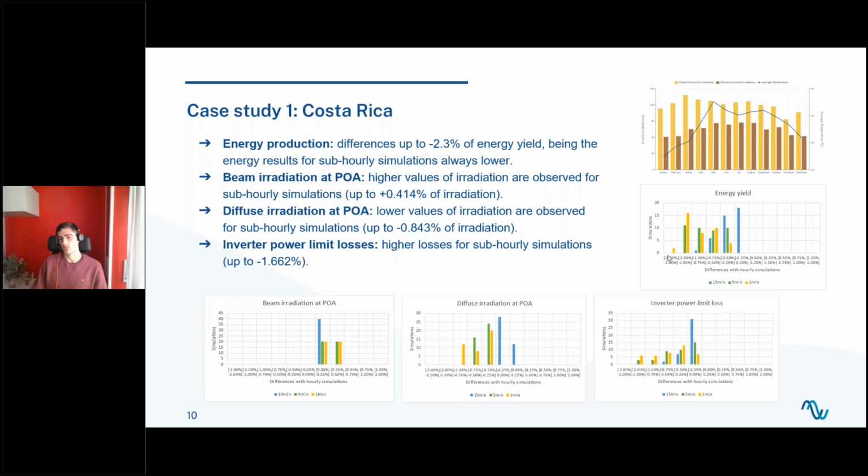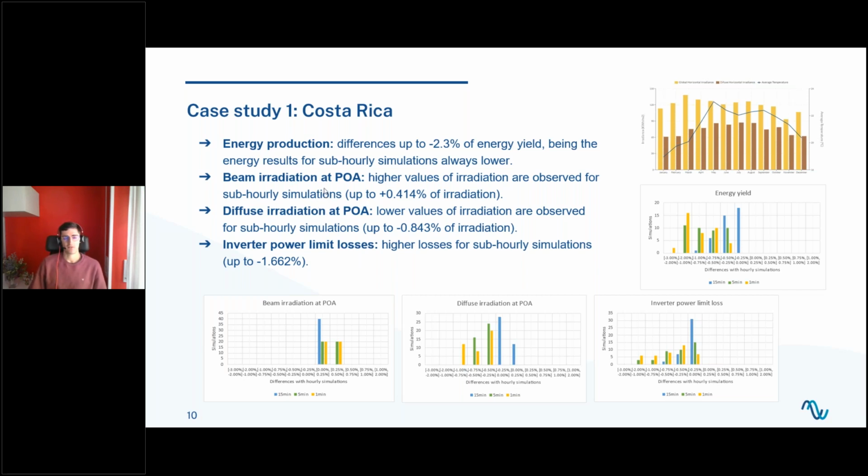Once we went into more detail on this energy yield calculation, and we looked individually at each one of the losses that occur during this process of conversion of energy, we observed that there were differences not only at the inverter power limit losses. As I mentioned before, these were expected due to the irradiance fluctuations that may happen within the hour.